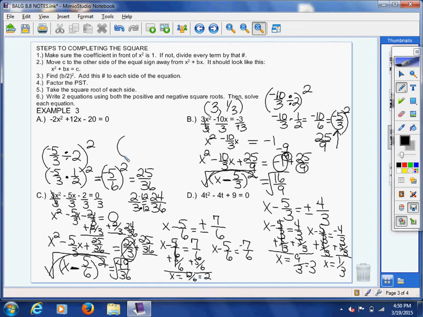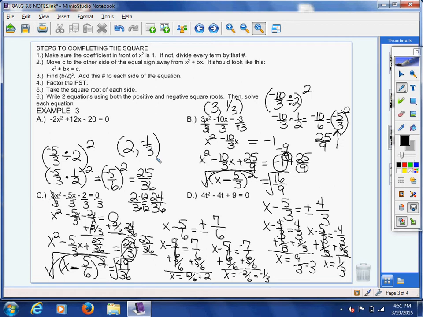All right, so one of our zeros is exactly 2. The other one, let's add 5/6 here, and we're going to get negative 2/6, which reduces to negative 1/3.